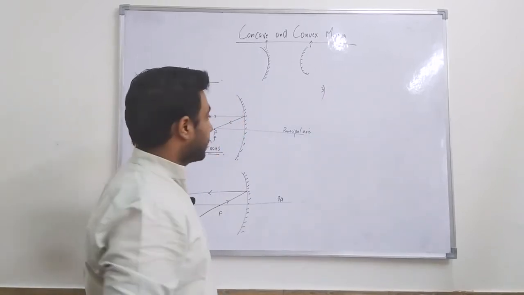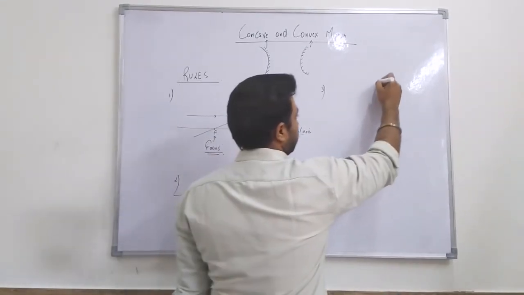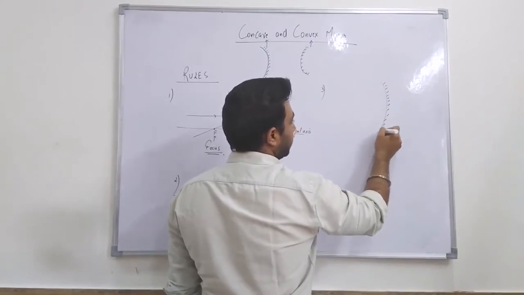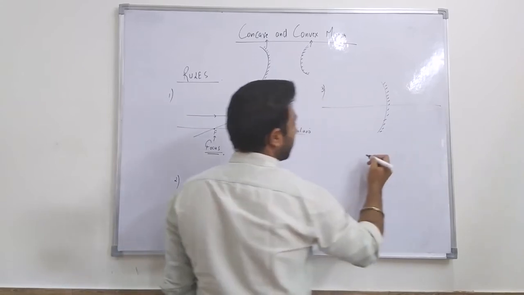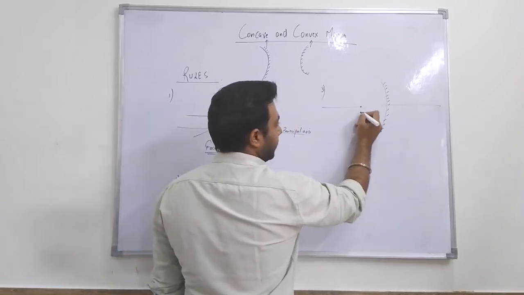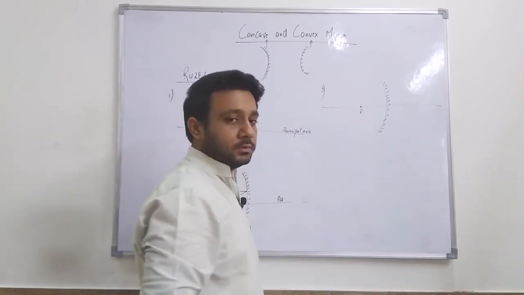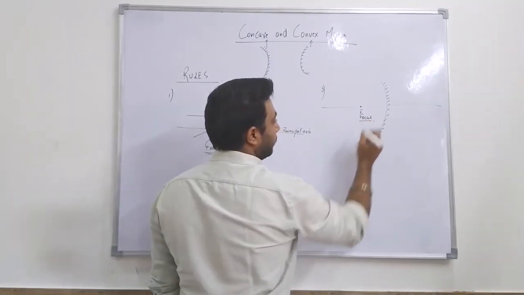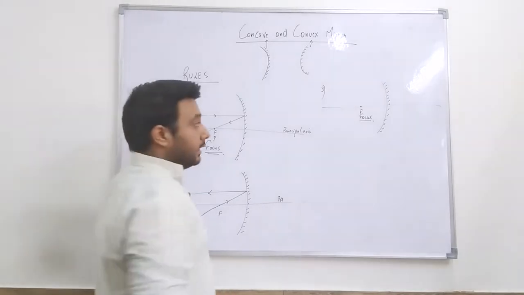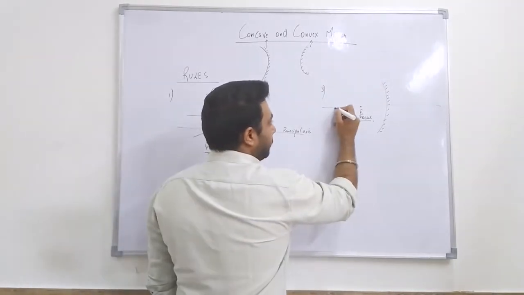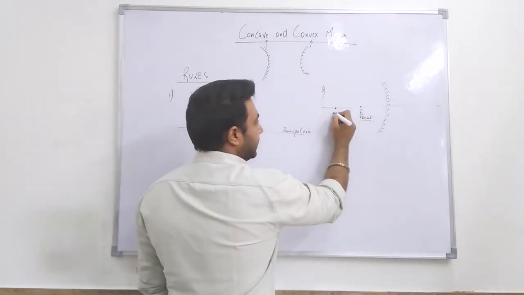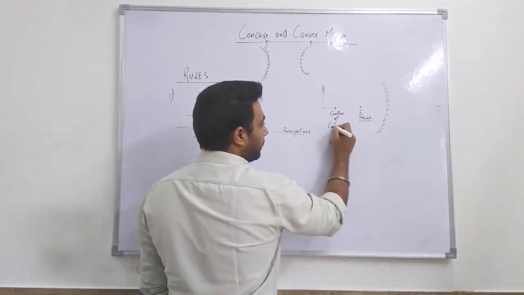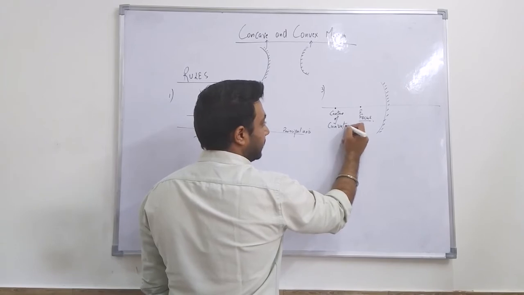Third one is, now this is a concave mirror. Now this point, which is already called focus. Double the length of the focus is the center of curvature.